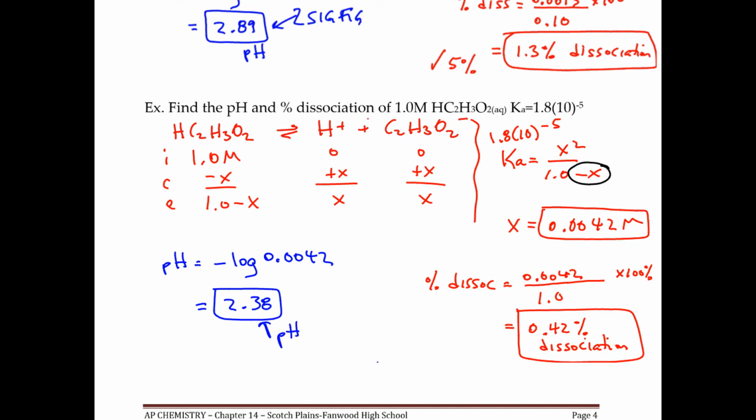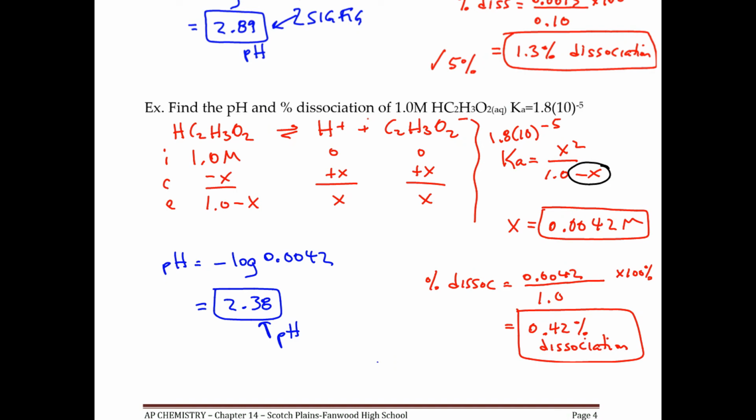So let's compare these. You could see that the 1 molar, which is more concentrated than the 0.1 from above, has a lower pH, which makes sense. It has more acidity to it, so it's going to be a lower pH versus the 2.89.